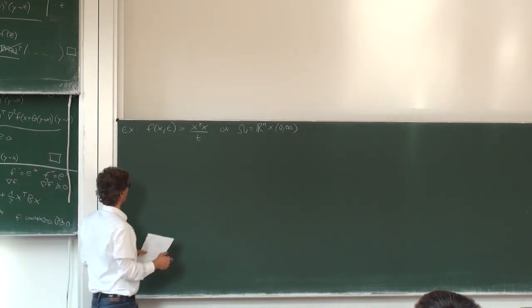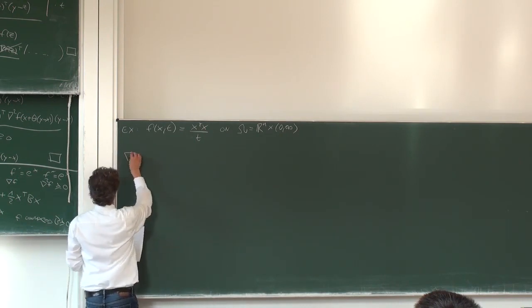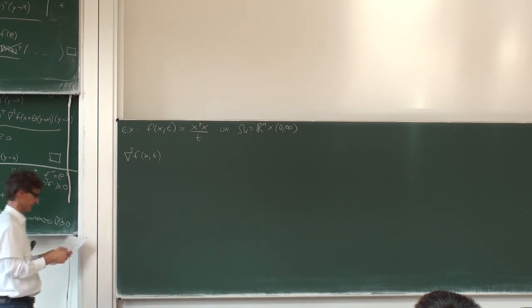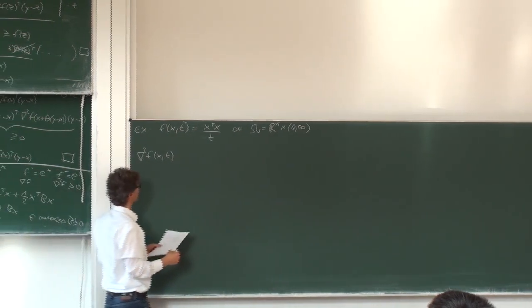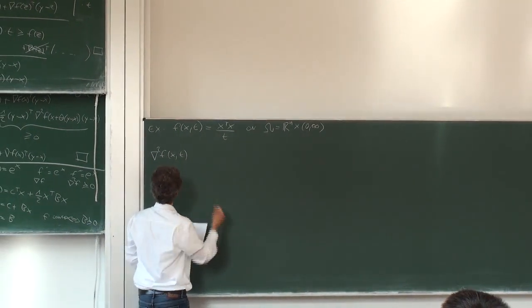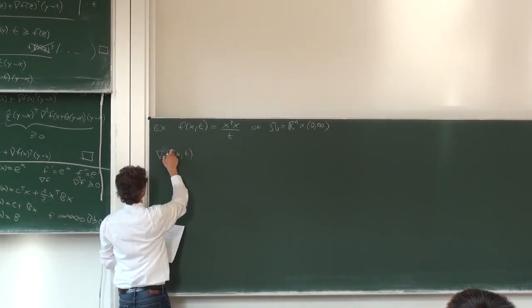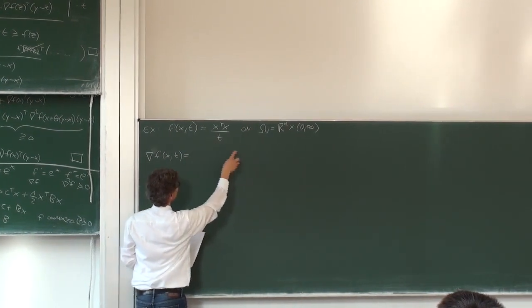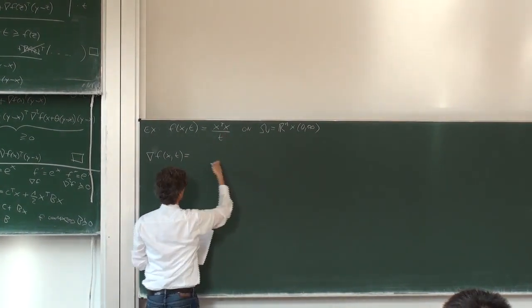So what we can now do is compute its Hessian matrix, and the Hessian matrix of this function is, of course, a Hessian matrix in both variables, x and t. It's a nice exercise also to first compute the gradient. So what would be the gradient? I order the variables so that the x is first and then the t.